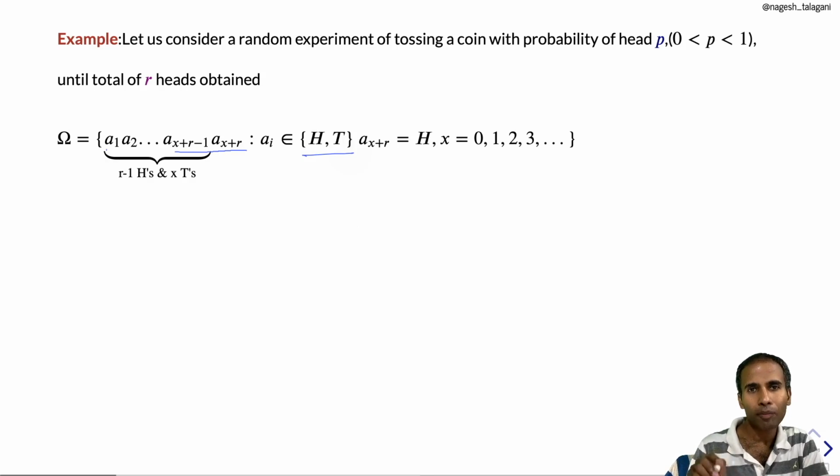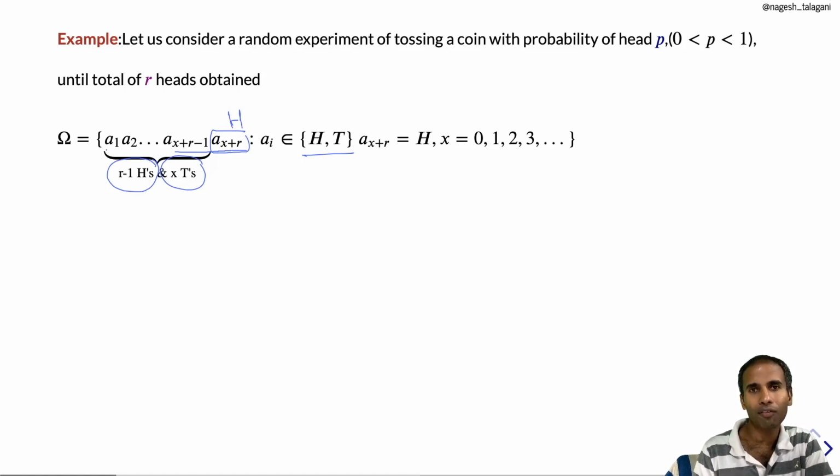Our experiment always terminates with the rth head. So this a(x plus r) must be head. Before that, there must be exactly r minus 1 heads. So from a1 to a(x plus r minus 1), there must be exactly r minus 1 heads. So the remaining x must be tails. This is what the outcomes will be.